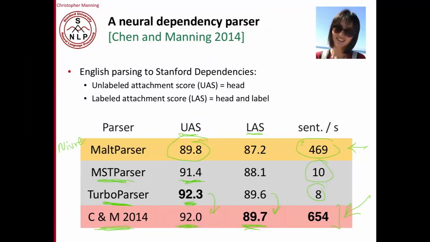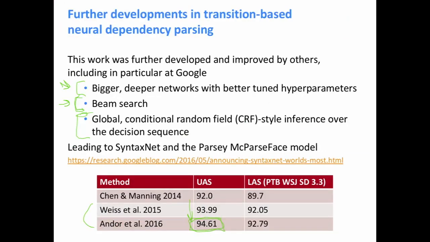The 90s era of parsers was around 90%, and going into this new generation of neural transition-based dependency parsers, we've halved that error rate, and we're now down to about a 5% error rate.